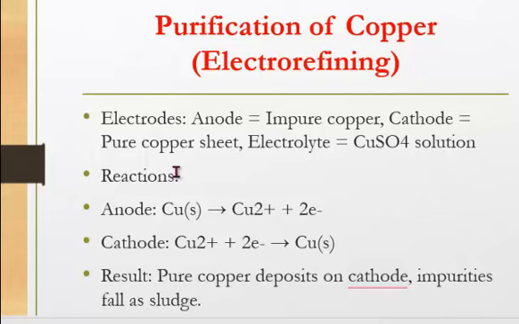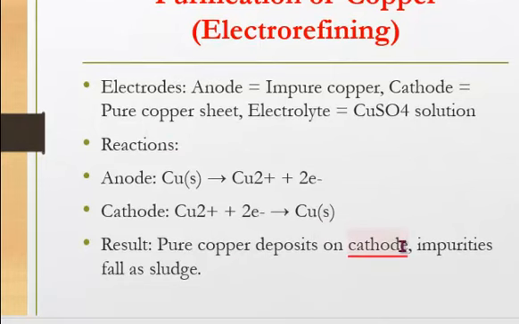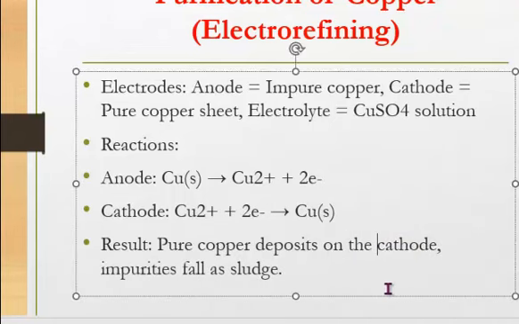Reaction at the anode: copper becomes copper 2+, and 2 electrons are discharged. Then at the cathode, we have copper 2+ gaining electrons to form copper, which is known as a solid. So that is a pure copper deposit at the cathode, and the impurities fall as slag. You can see now the result of this is pure copper.